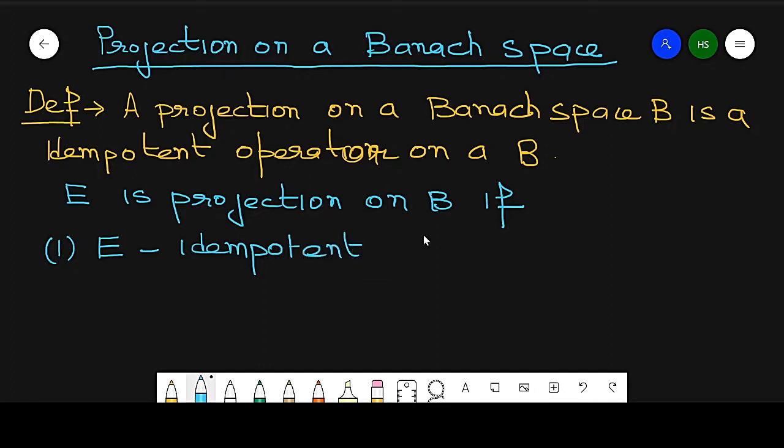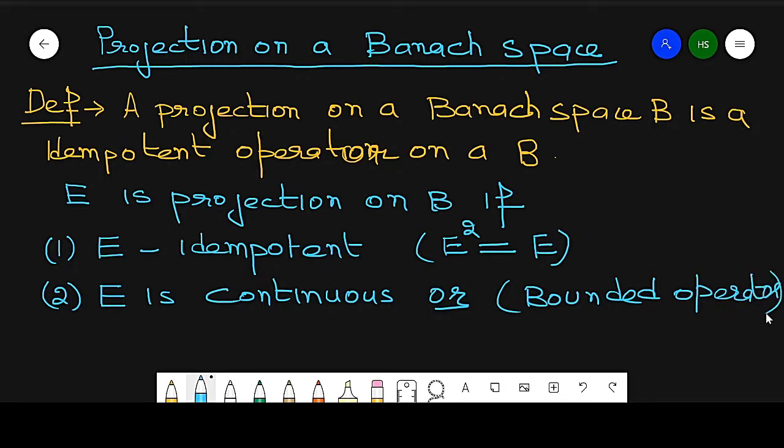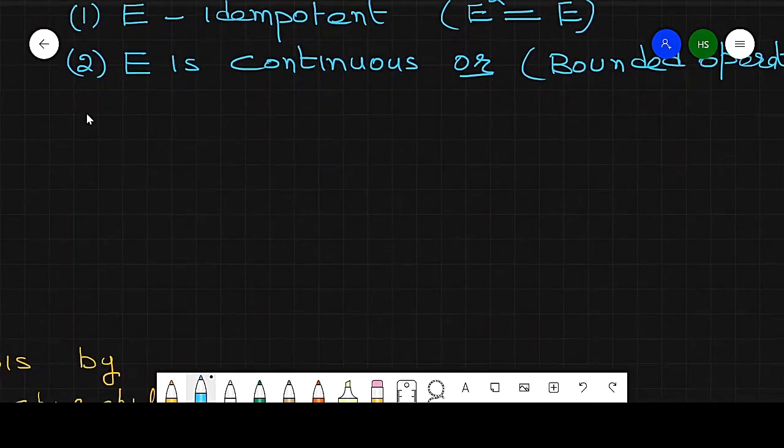Idempotent means E square is equal to E. Condition number 2, E is continuous. Continuous means bounded operator. So in the operator, the bounded condition is involved.